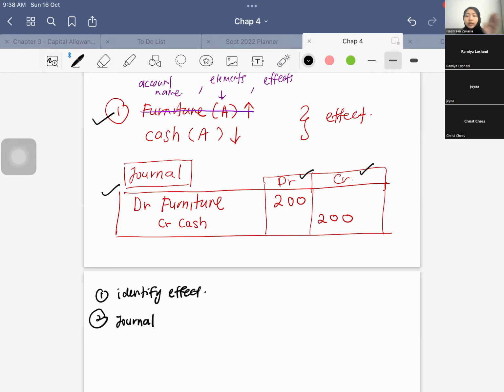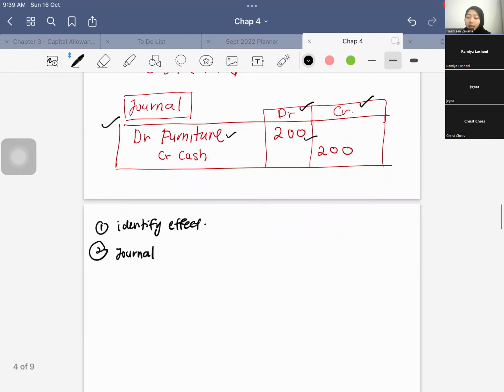I found that some of your friends made the ledger without debit and credit. Beside it there is a folio, the invoice number and the amount. As far as I'm concerned, a journal needs to have debit and credit, and the account's name and the amount.